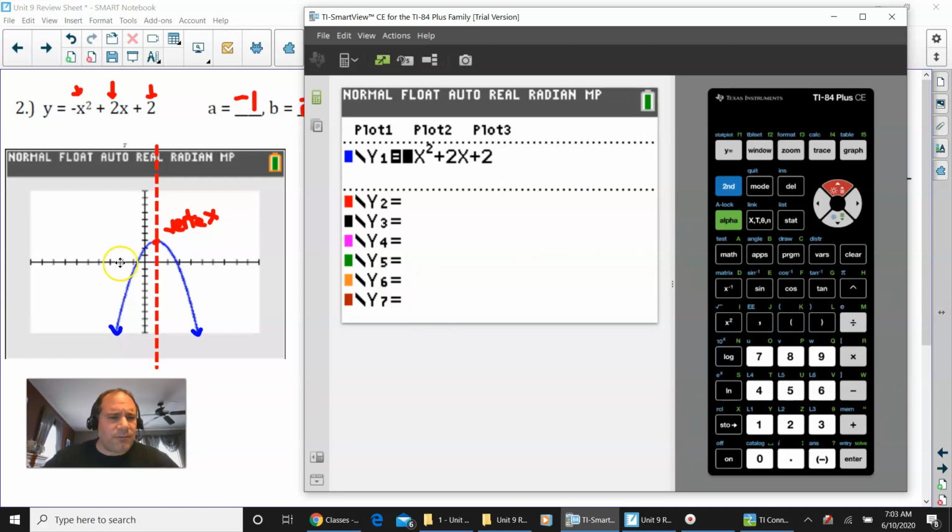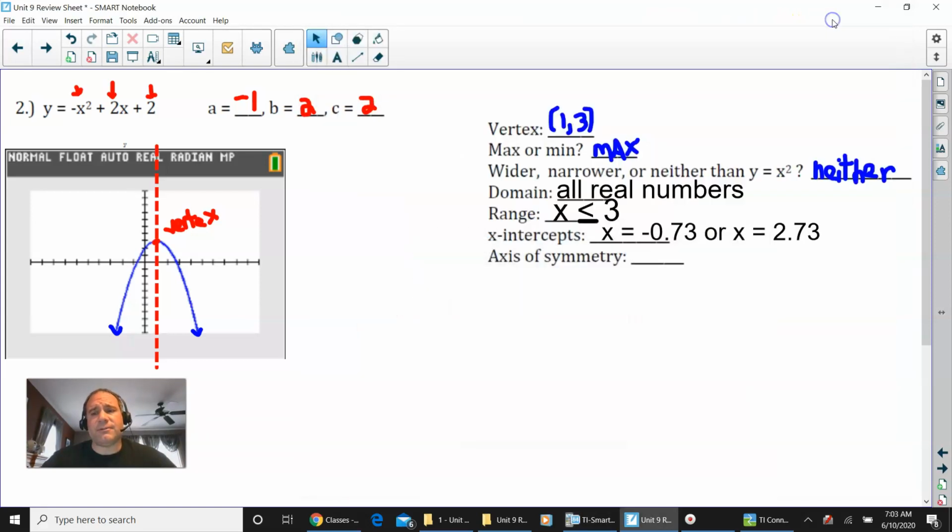So just keep on going like this. Okay. The x's. This goes to the left forever. This goes to the right forever. So the only thing that you could say is that all x's count, all of the numbers, right? So it's all real numbers.